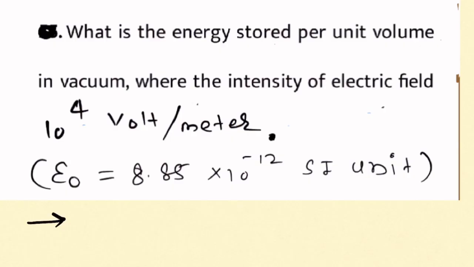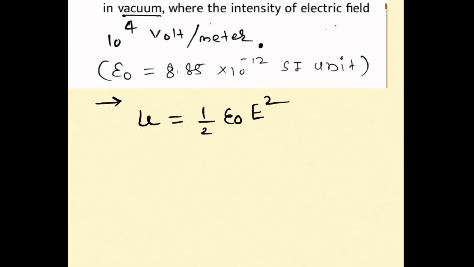Look, here a problem is given. What is the energy stored per unit volume, meaning energy density, in vacuum where the intensity of the electric field is 10 to the power 4 volt per meter? We know that the formula of energy density is 1 by 2 epsilon 0 E square in vacuum.